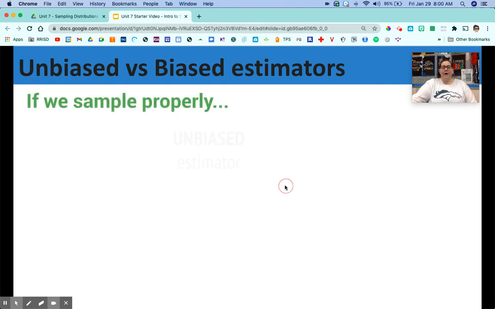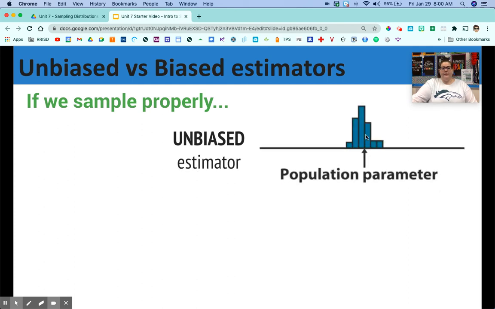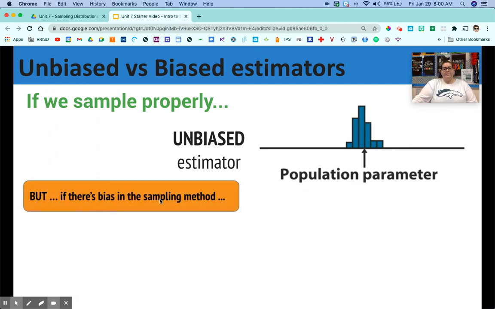So if we sample properly, the center of our sampling distribution histogram should be right at where the population parameter, the true thing, actually is. So we can use that sampling distribution as a good estimate for what is true about the population.